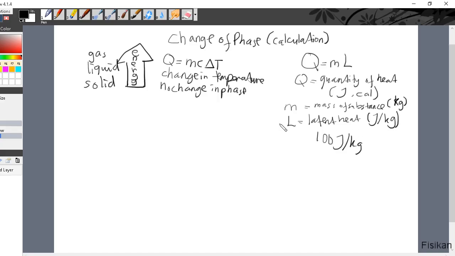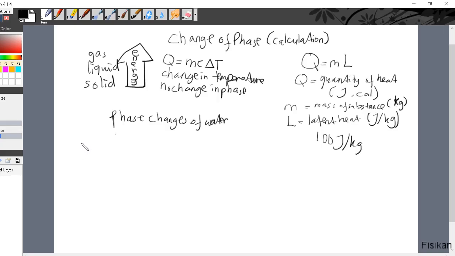Okay. Now I will draw a diagram and explain to you about the phase changes of water. We use water because it is the most common substance, and we often experience water in 3 phases, which are ice, liquid, and water vapor.